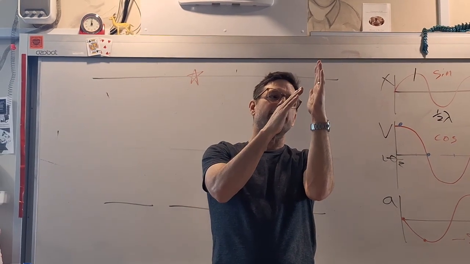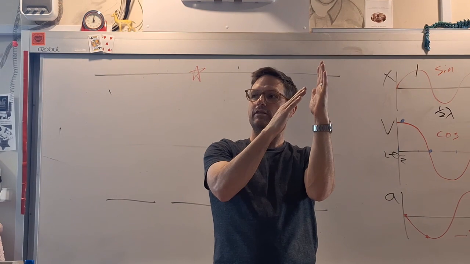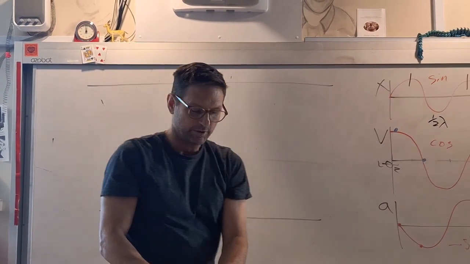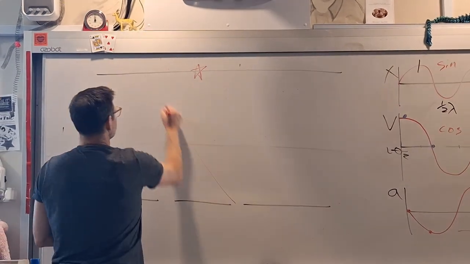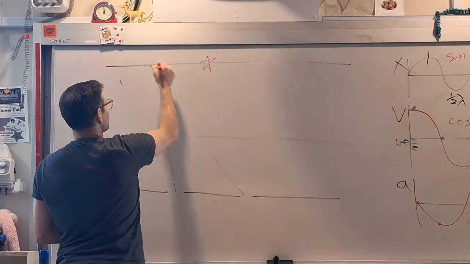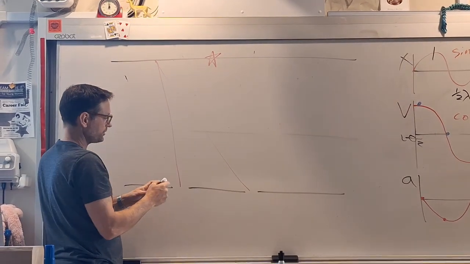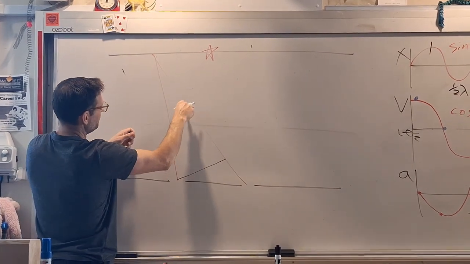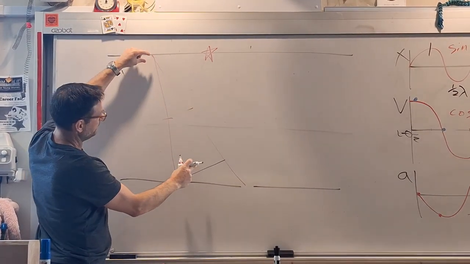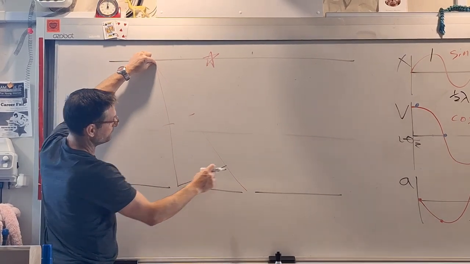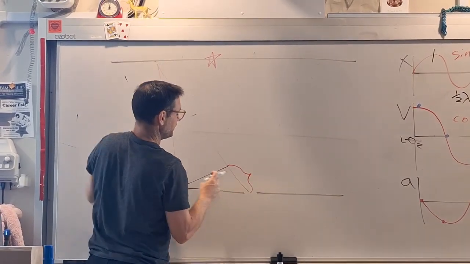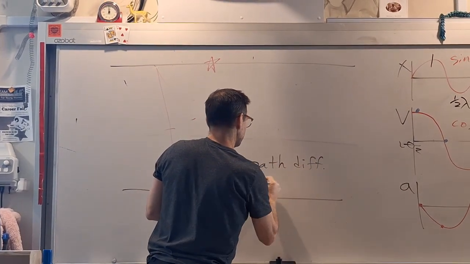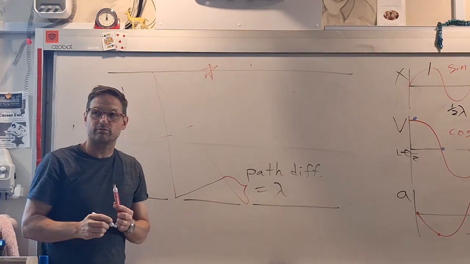At what point do you get another bright spot? Good. When you get one wavelength of path difference, right? Remember we drew it like a right triangle like this. If these two are the same, you'll get constructive interference here if the path difference equals one wavelength, right?